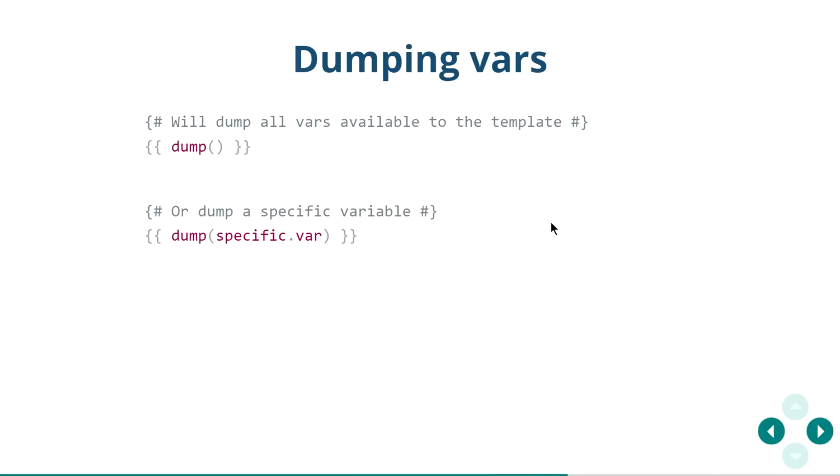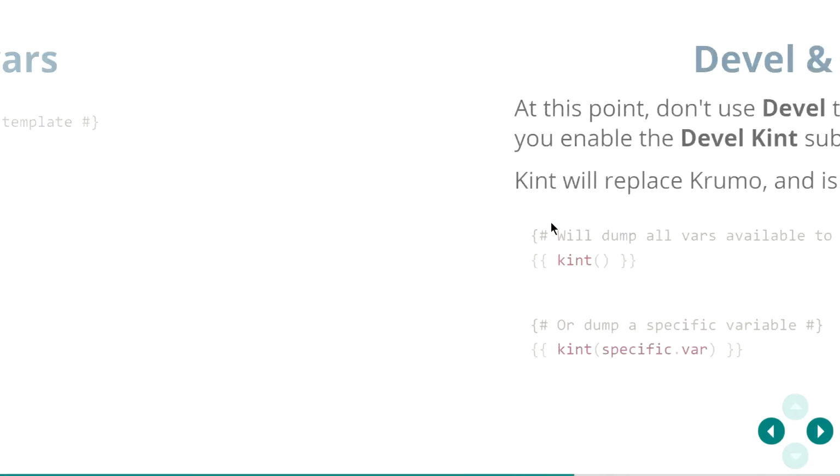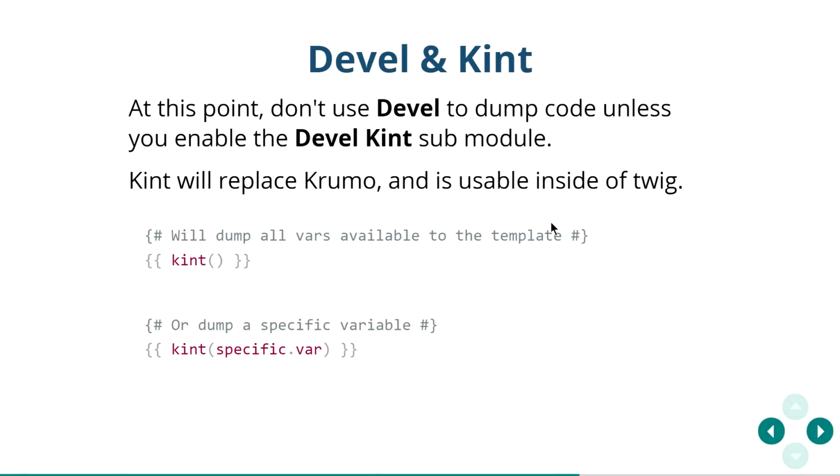If you do dump with no parameter, it's going to spit out the variables from the preprocessor, essentially: every variable that's available to the Twig template. But if you want to be more specific, you can put in whatever variable you want, and it'll spit out what that was when that line came up. But who wants to do that? That's very hard to read.